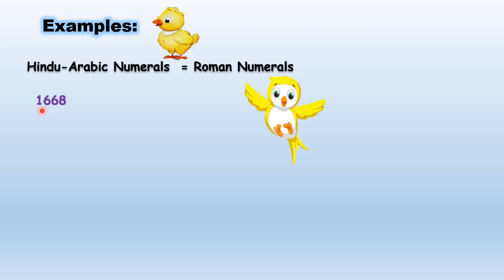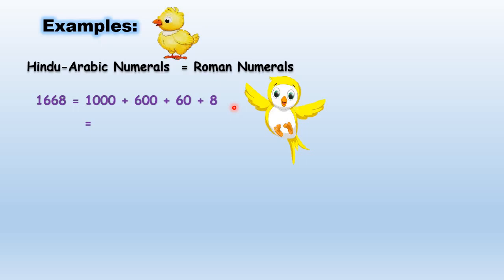So what do we have to do? We have to first break this number according to place value. That means we have to write it in expanded form, that is 1000 plus 600 plus 60 plus 8. Now you have to write Roman numerals for these numbers.